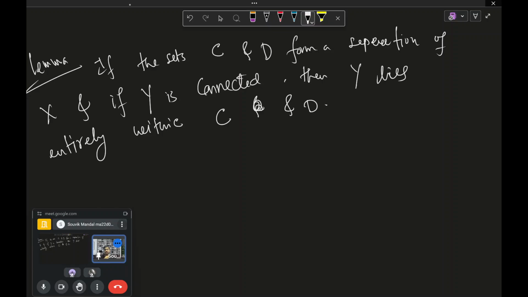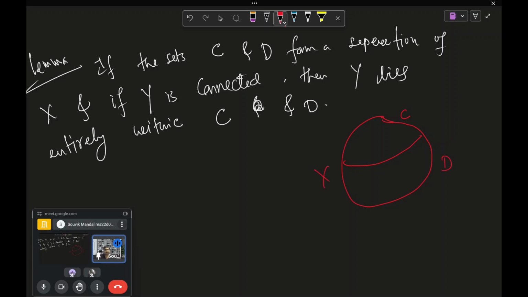So what does it mean? It is somewhat obvious. We have some separation C and D, and this is the whole of X, and Y is connected.